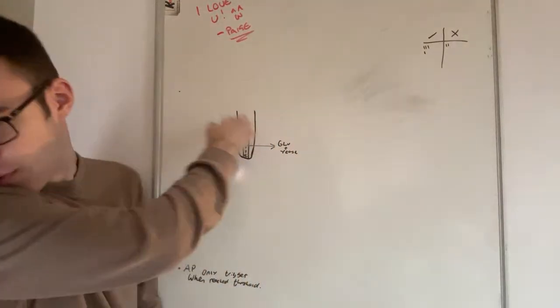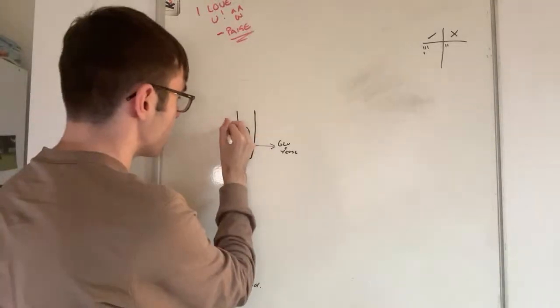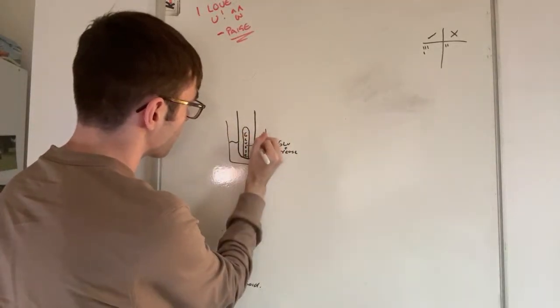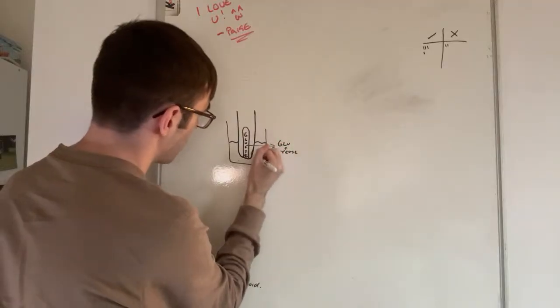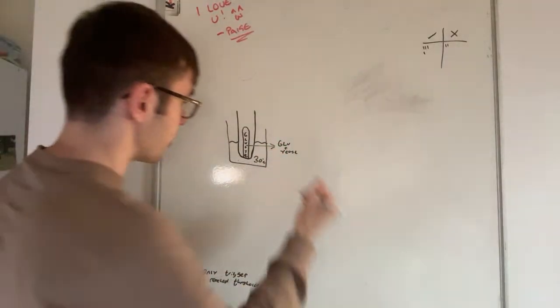There is no liquid in this or anything. It's just a larger test tube. Then this is literally placed in a water bath at 30 degrees Celsius. And it's left for 25 minutes.